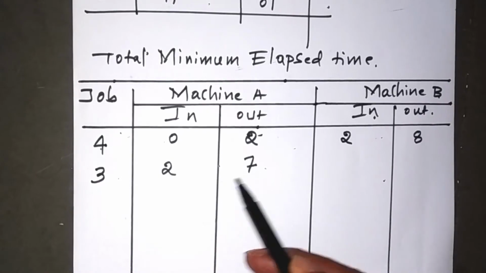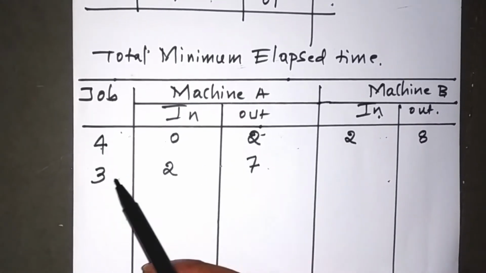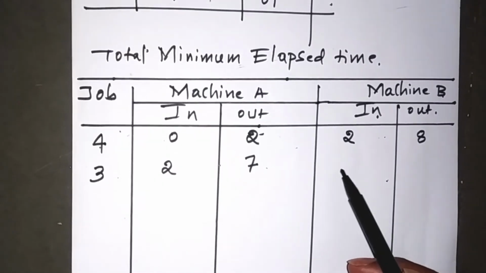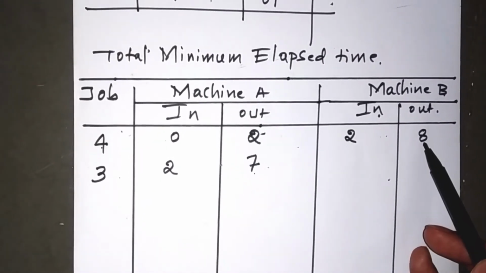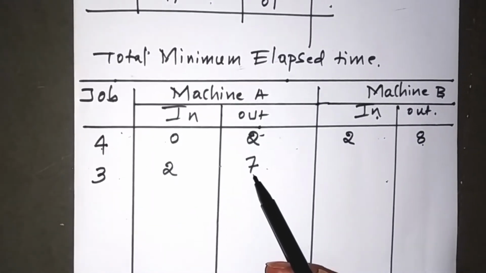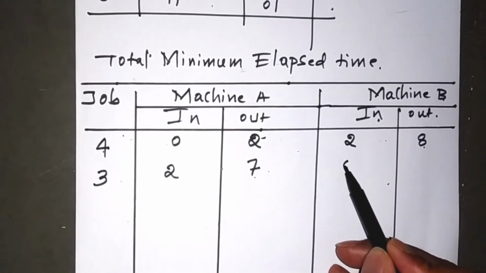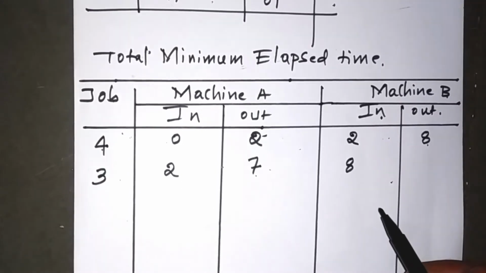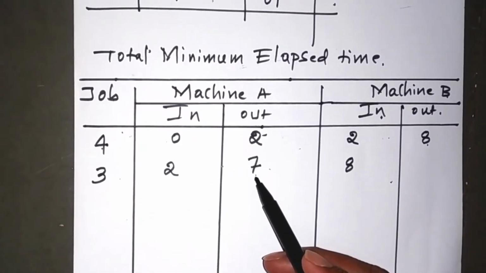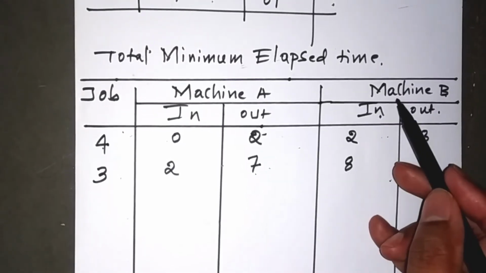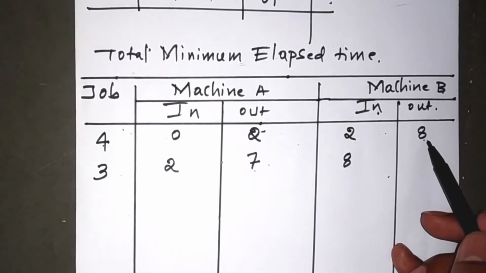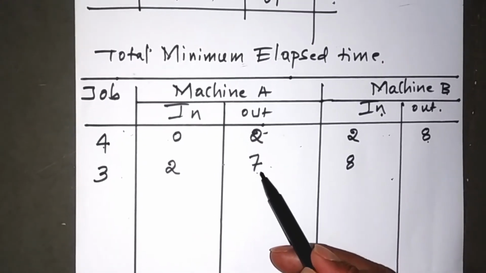Okay, now we have to write what is the in time of the third job on machine B. I'll tell you a simple logic: whichever is the highest. So here we have 8 and here we have 7. Whichever is the highest, you write it here as the in time of the third job on machine B. Means what? Even though it has completed on the 7th minute, machine B is busy with the fourth job, because it will take 8 minutes.